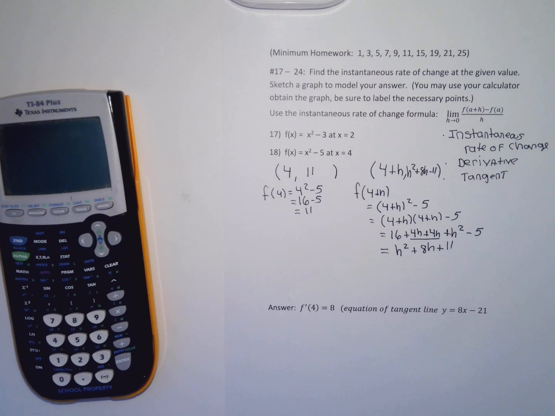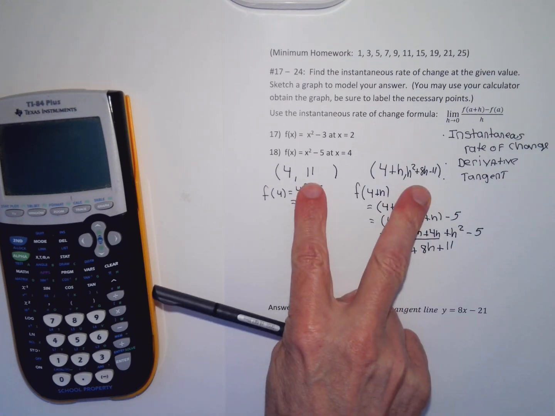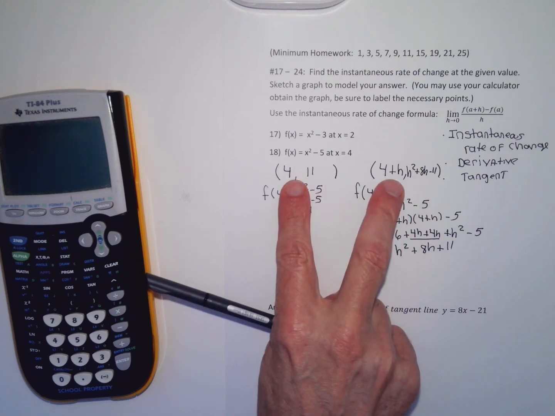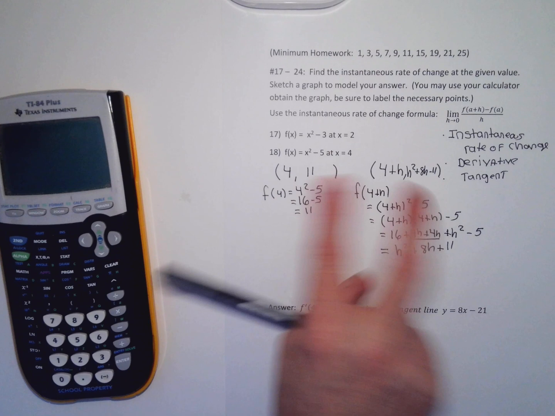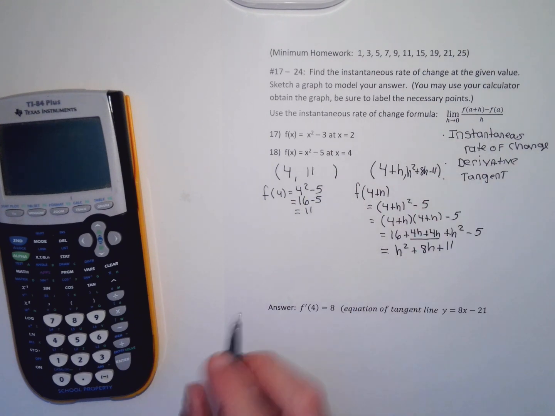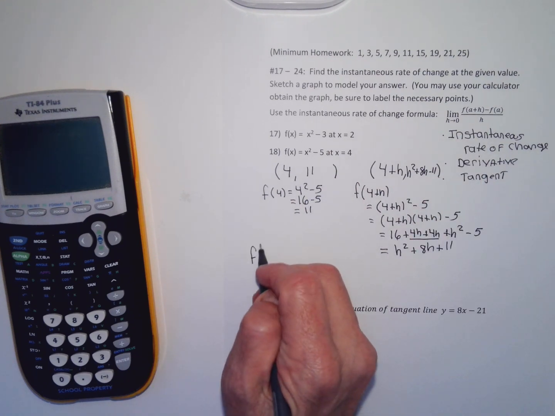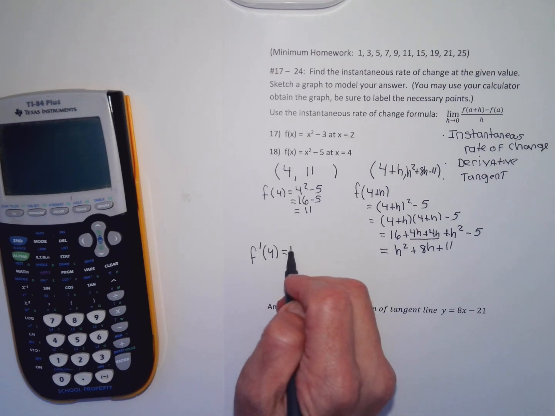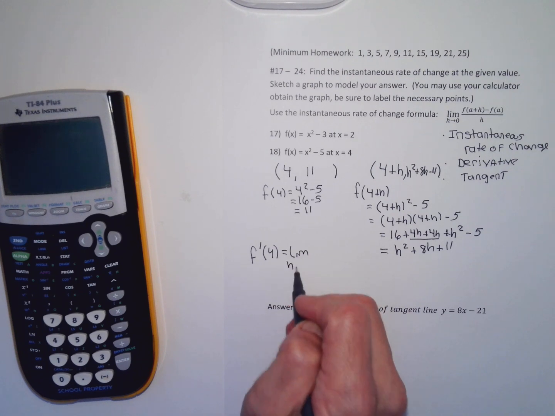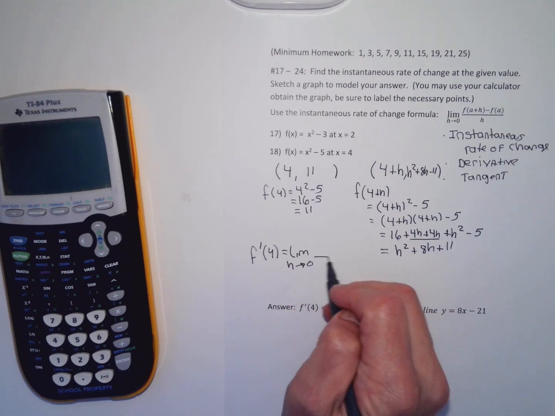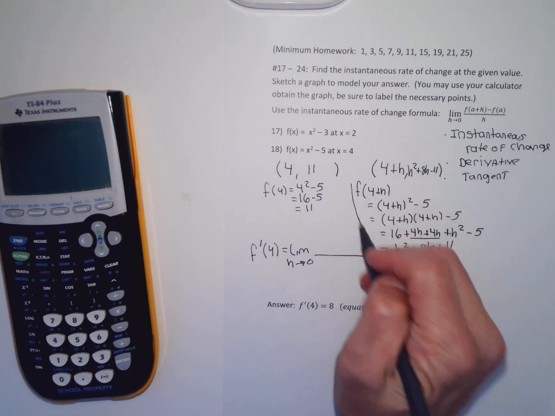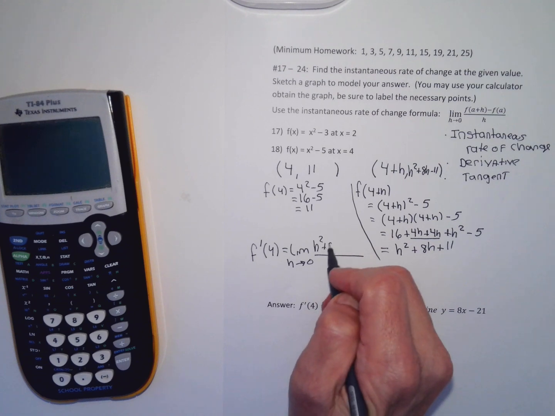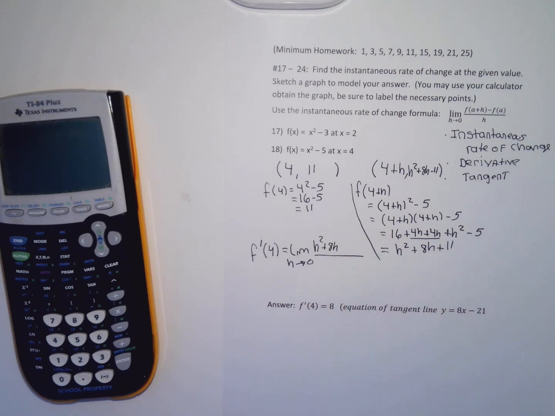The instantaneous rate of change is simply the slope of the line that connects these 2 points. I'm going to subtract the y's in the numerator. I don't have to subtract the x's in the denominator because the 4's are going to cancel. I can just write h in the denominator. So instantaneous rate of change, or the derivative, when x equals 4, is the limit as h goes to 0, form a fraction, and in the numerator put the y coordinate, h squared plus 8h plus 11.